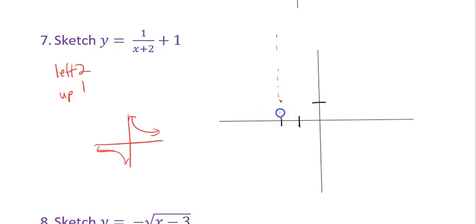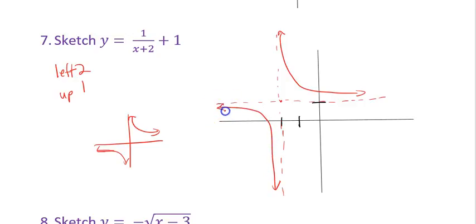You'll have the vertical asymptote coming down through that point, and the horizontal asymptote going left and right through that point. That grids off where you're going to make your curves. So this upper curve, which is normally in the upper right, is going to be boxed in up here. And then the lower curve that's in the lower left will be down here. We can get more specific about this later, but for right now we're just getting the general shape with movement.